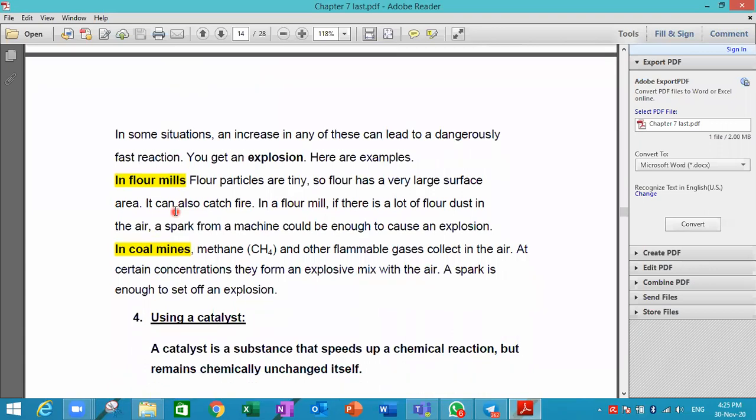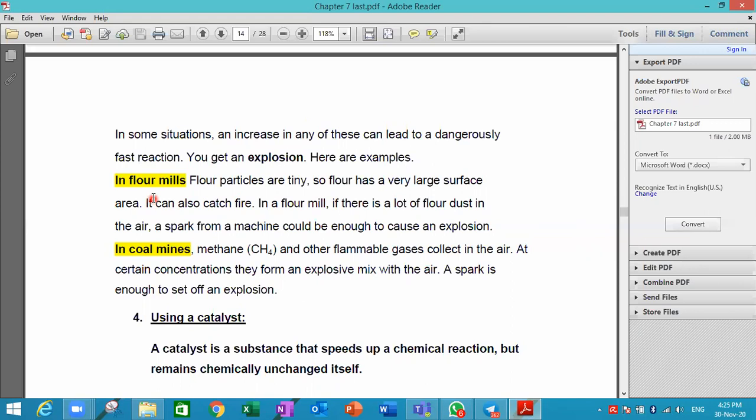Of course, although increasing more and more surface area will increase the rate of the reaction, sometimes this is not a good thing. Sometimes it's harmful because, for example, as we can see in flour mills, as the flour becomes more and more in the powder form, sometimes explosion takes place at flour mills because the reaction will be very vigorous between the flour and whatever is with it.